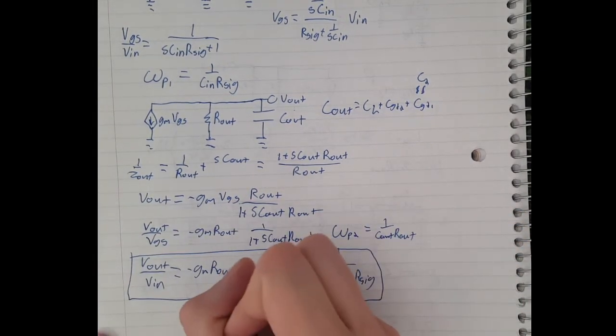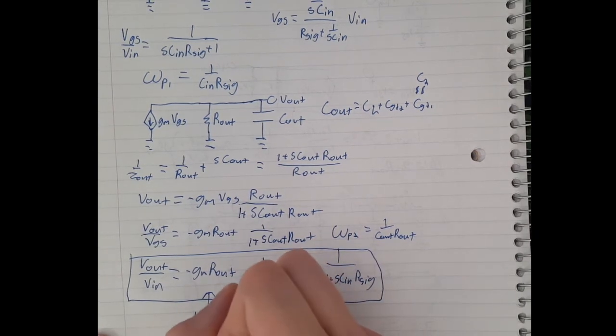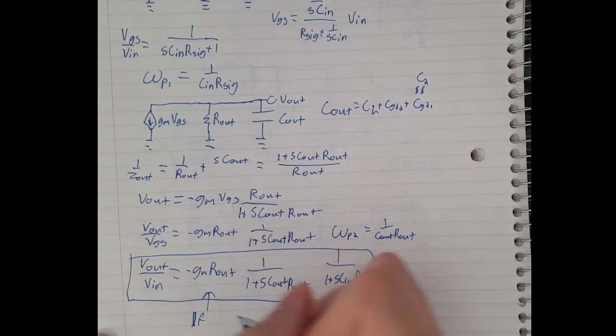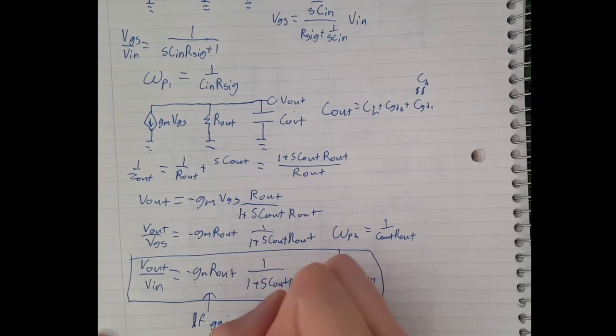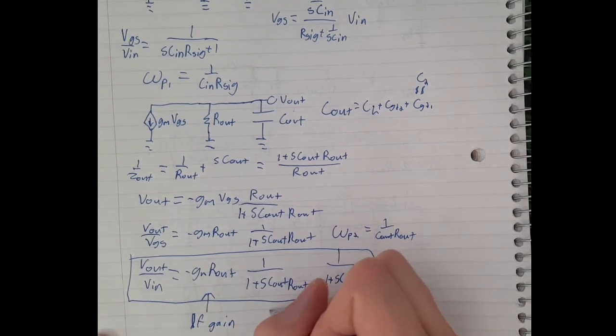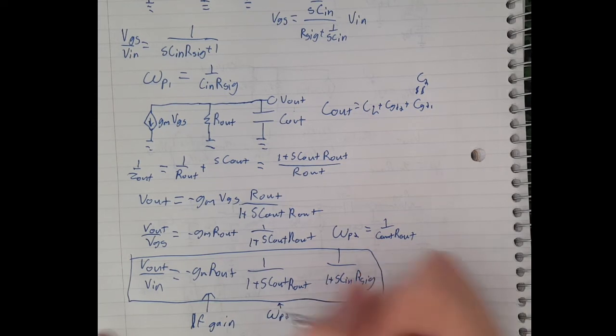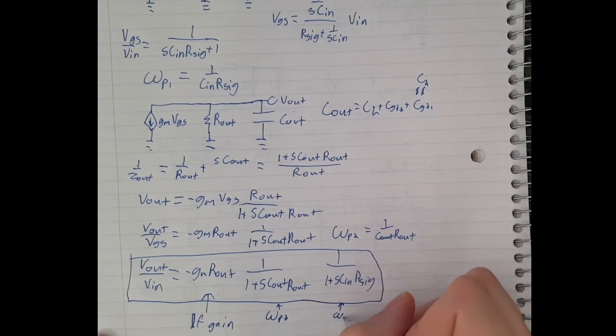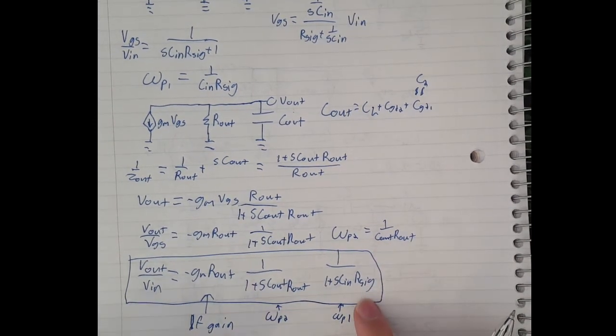So you see it's just our low frequency gain times omega P2 omega P1. The pole forms.